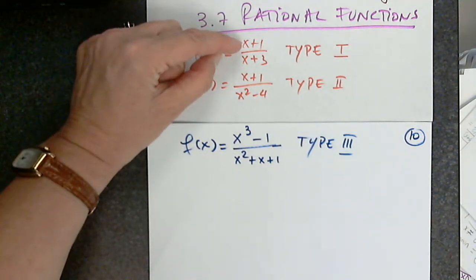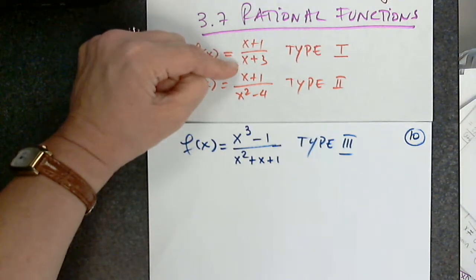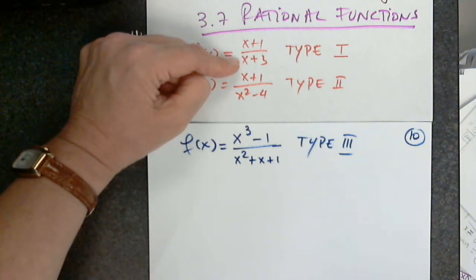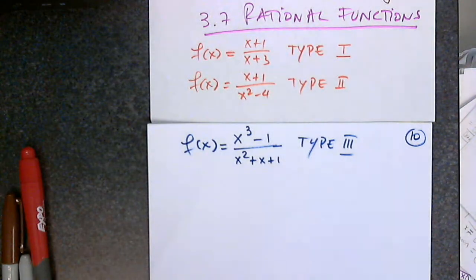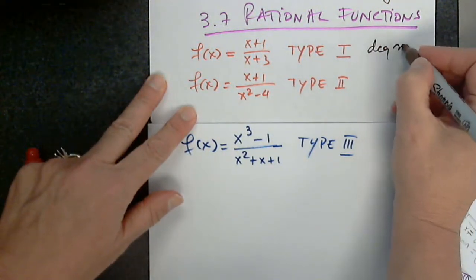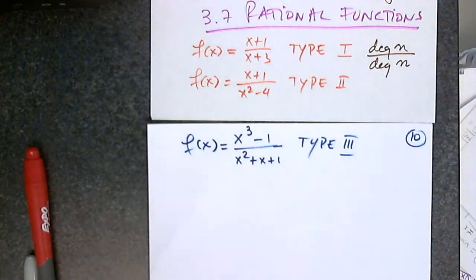So here, you see, the degree of the top and the degree of the bottom are the same. Degree of the top is what? 1. Degree of the bottom is what? 1. So both have the same degree. This is our type 1. So I will say degree n over degree n. In other words, I'm saying the same degree.